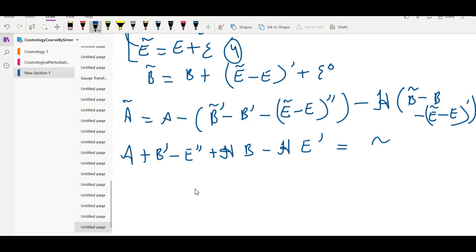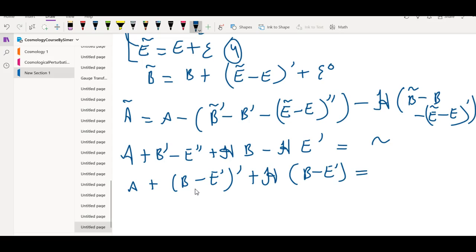So we have A plus B prime minus E double prime plus H B minus E prime is equal to the same thing but with tilde sign.